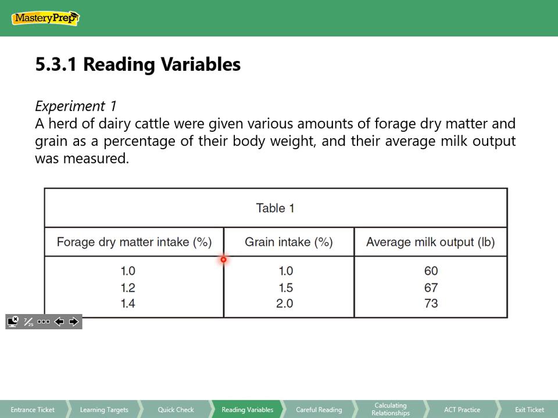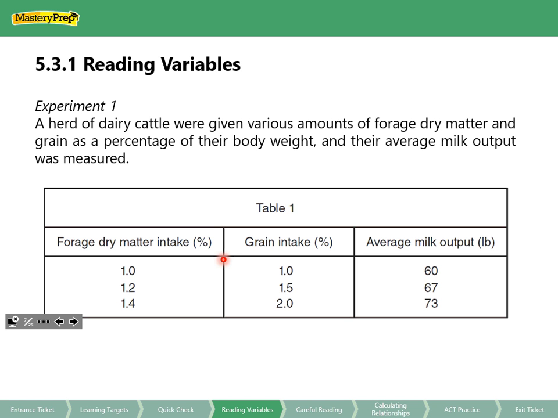Now, a herd of dairy cattle was given various amounts of forage, dry matter, and grain as a percentage of their body weight, and their average milk output was measured.